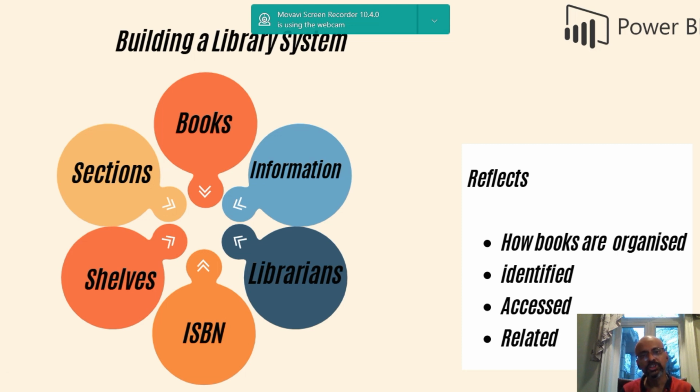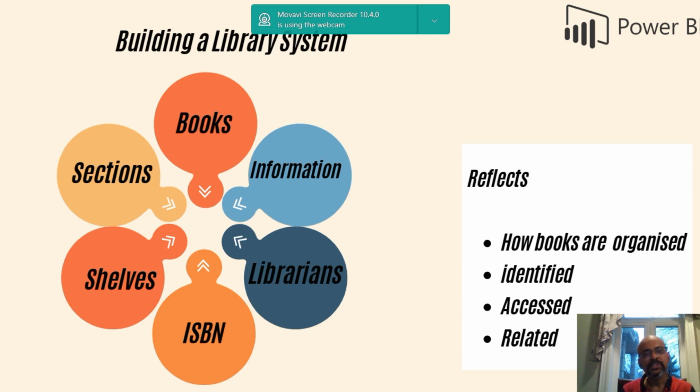Then you can go to that section, where you will find shelves. In those shelves you have different categories based on certain themes, or based on authors, or based on publishers. The books are organized based on these things, so the shelf can be another identifier.